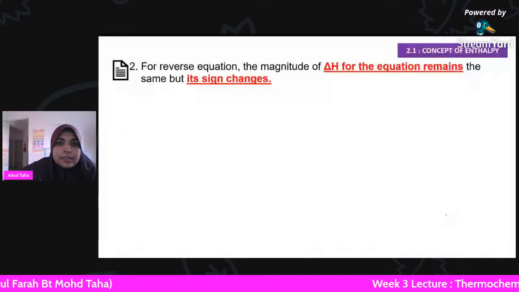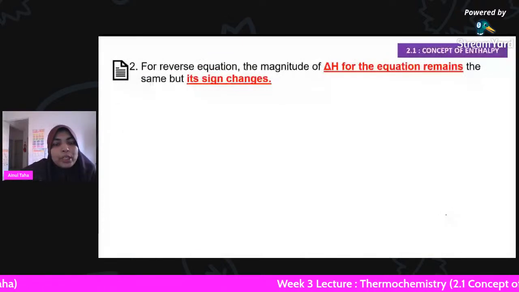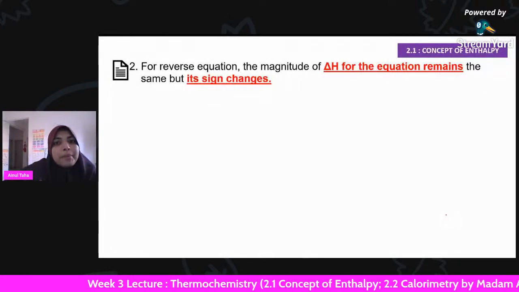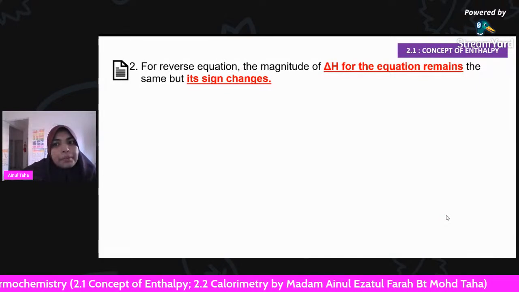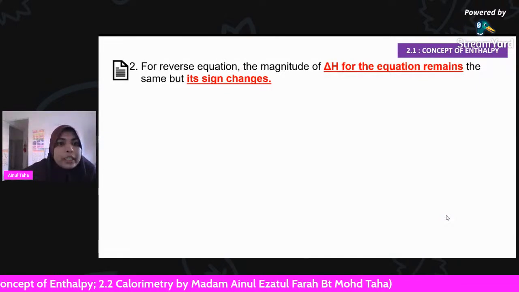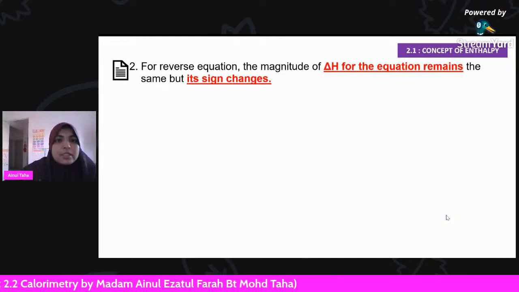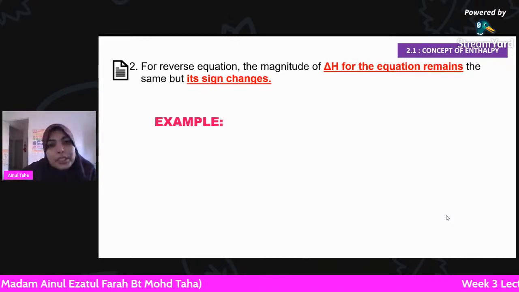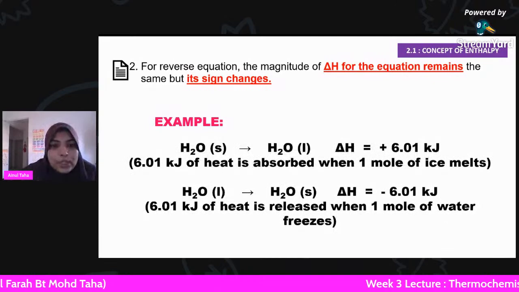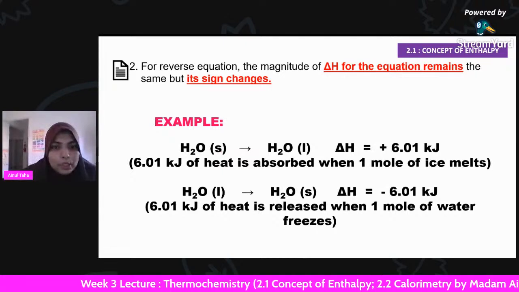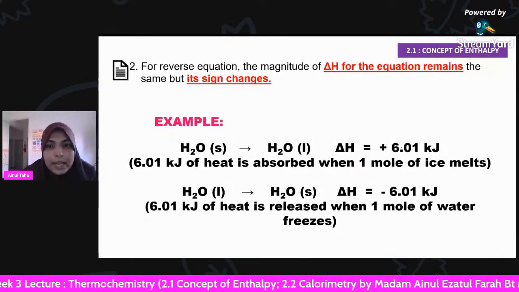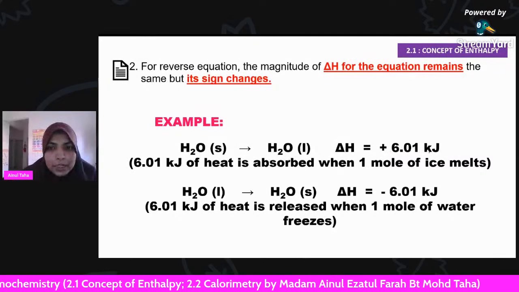The second thing that you need to know about thermochemical equations: for a reverse equation, the magnitude of the enthalpy change remains the same but its sign changes. Okay, let us look at the example. Let's say we take the same example, H2O. So for H2O solid to H2O liquid, at the beginning the enthalpy change is positive.